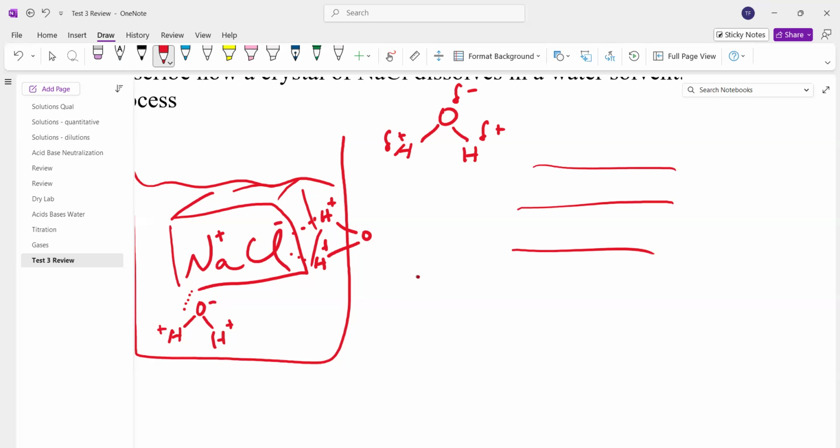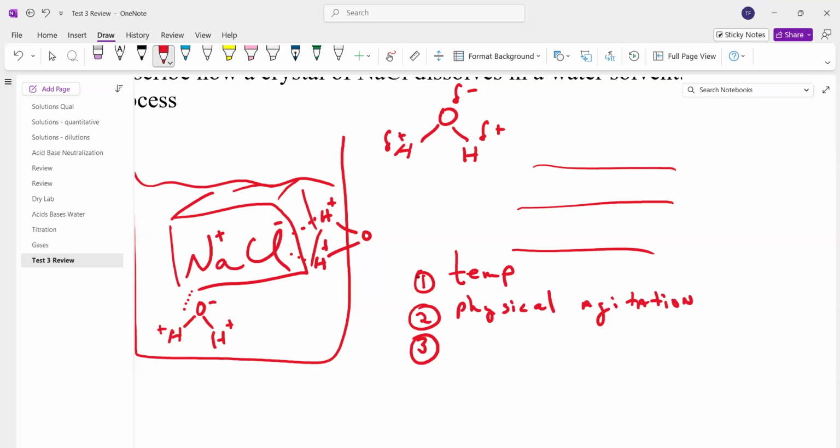Okay, the other thing I want you to mention are the 3 forces that affect the solvating force. So temperature, physical agitation, and surface area.